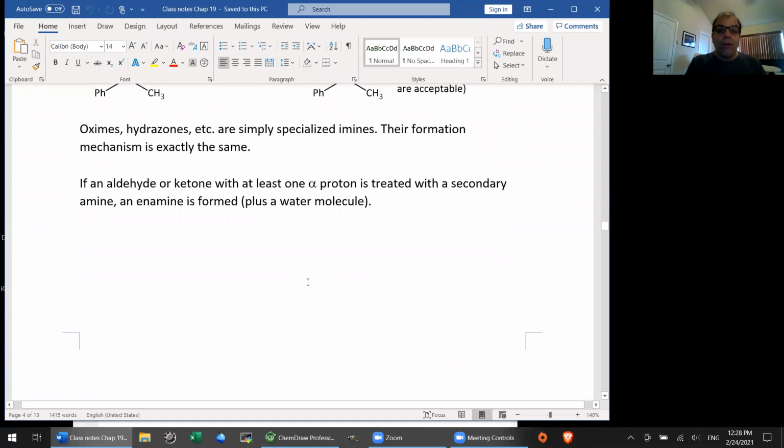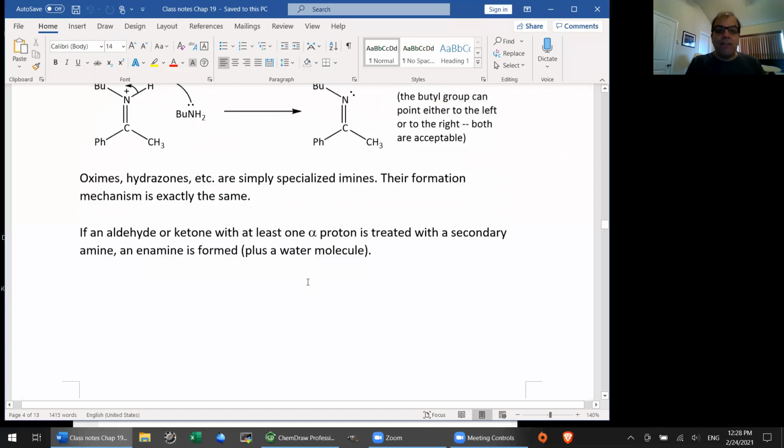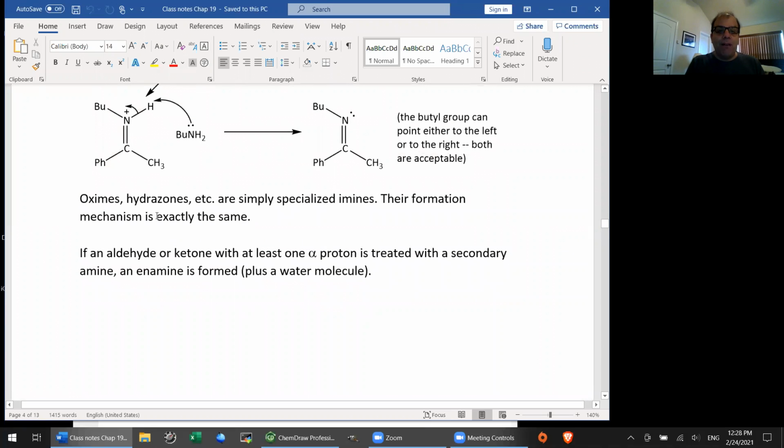Good. While we're on the subject of imines, you'll find a table of several other compounds, and they have funny names. These are your oximes, your hydrazones, your semicarbazones. There's all of these other ones, and honestly, they're only special imines. There's otherwise nothing different about them.